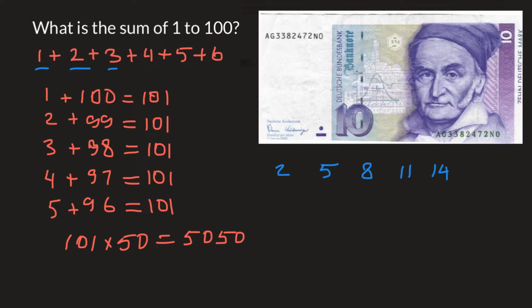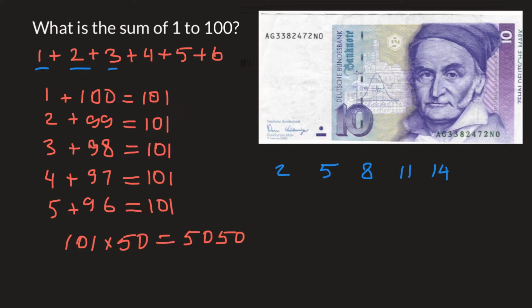But what is important is that the difference between numbers in such a sequence has to be constant. Like, for example, between 2 and 5, the difference is 3. Between 5 and 8, the difference is 3. And between 8 and 11, 3, and between 11 and 14 it is also 3.